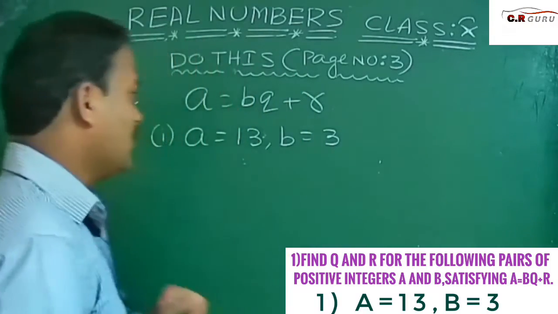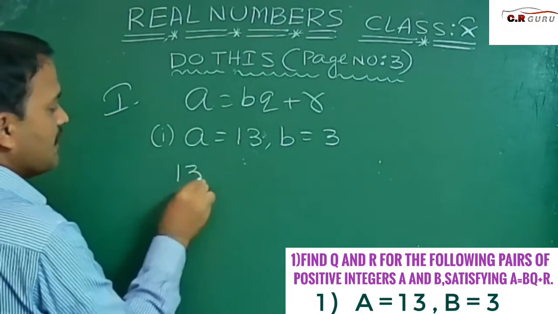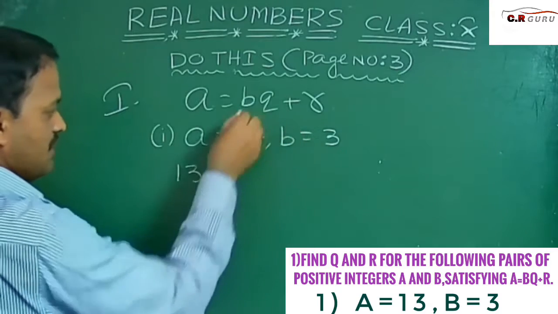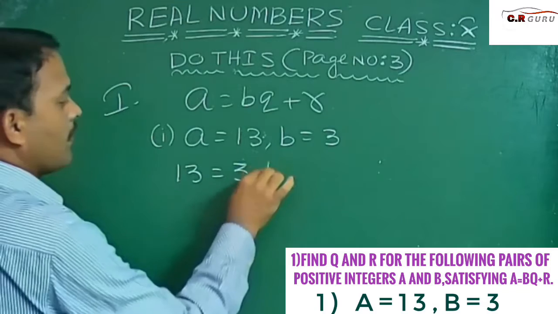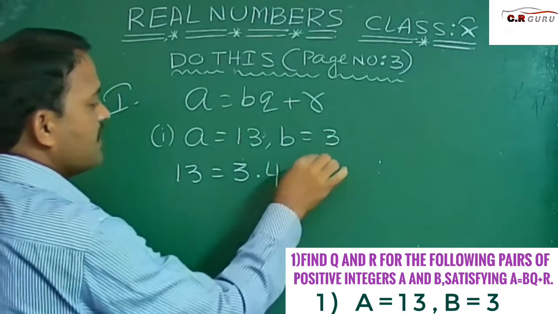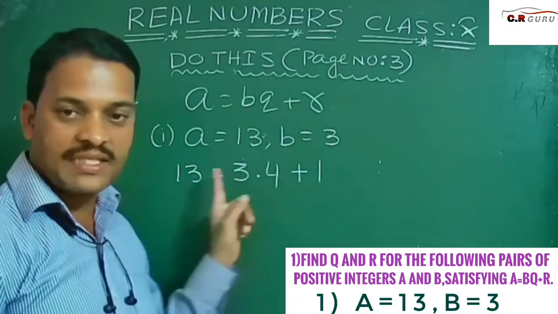So first of all, based on the above formula, 13 equals, here the divisor is 3, so 3 into 4 plus 1, no? 3 fours are 12 plus 1 is 13, then you will get a.